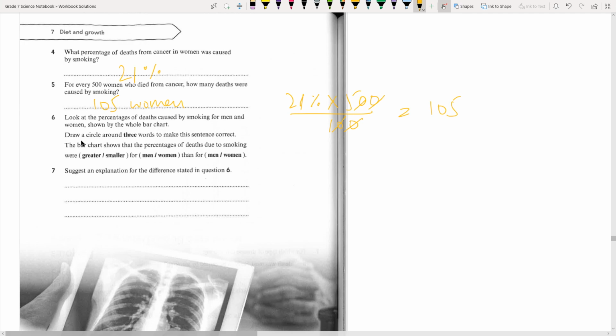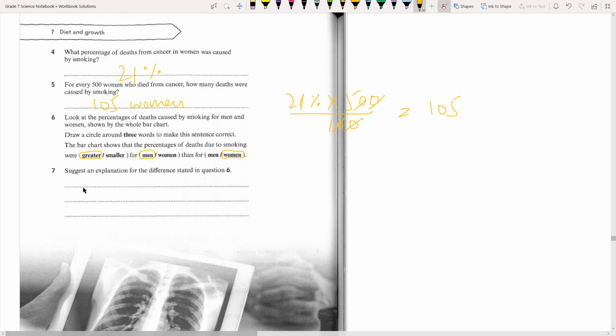Look at the percentage of deaths caused by smoking for men and women shown by the whole bar chart. Draw a circle around three words to make the sentence correct. The bar chart shows that the percent of deaths due to smoking were greater for men than for women. So I'm just going to encircle them. As you can see, the charts for men are greater in every aspect.